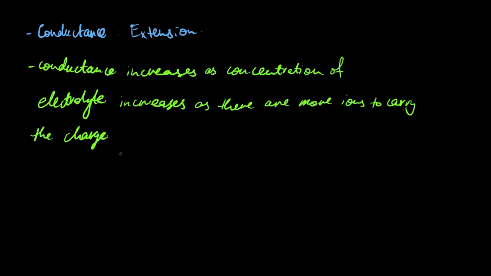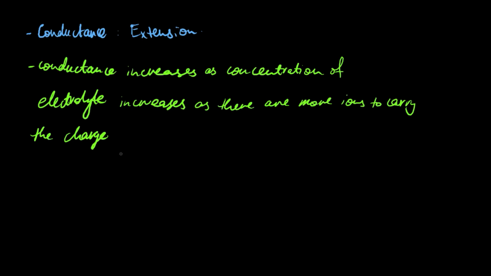The capacity of conducting electricity increases if the concentration of the electrolyte increases. An electrolyte is an ionic compound which is in liquid or aqueous state. An electrolyte's concentration increasing will also increase the conductance. Why would it increase the conductance? Because the number of ions present is now more to carry the charge.